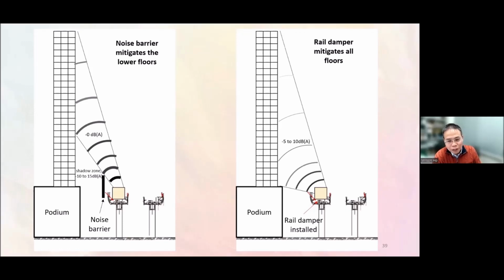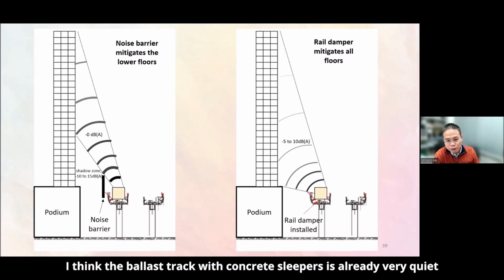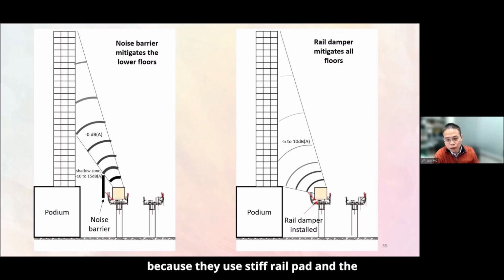For the concrete sleeper, because they use a very stiff rail pad, normally a few hundred kilonewton per millimeter, the vibration would be easily transmitted to the sleeper, and a lot of energy would be dissipated in the sleepers. So I think a ballast track with concrete sleeper is already required because they use a stiff rail pad and the vibration transmits into the sleeper, and the sleeper in the ballast track has some friction to dissipate the energy.